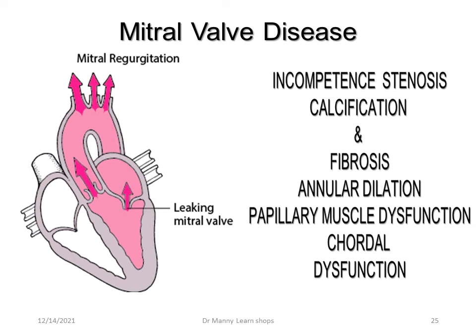And this can be both stenosis and regurgitation. Incompetence basically is a leaking mitral valve. Stenosis means it's difficult for the left atrium to eject blood into the left ventricle. But they can be combined. You can have mitral stenosis with mitral regurgitation.